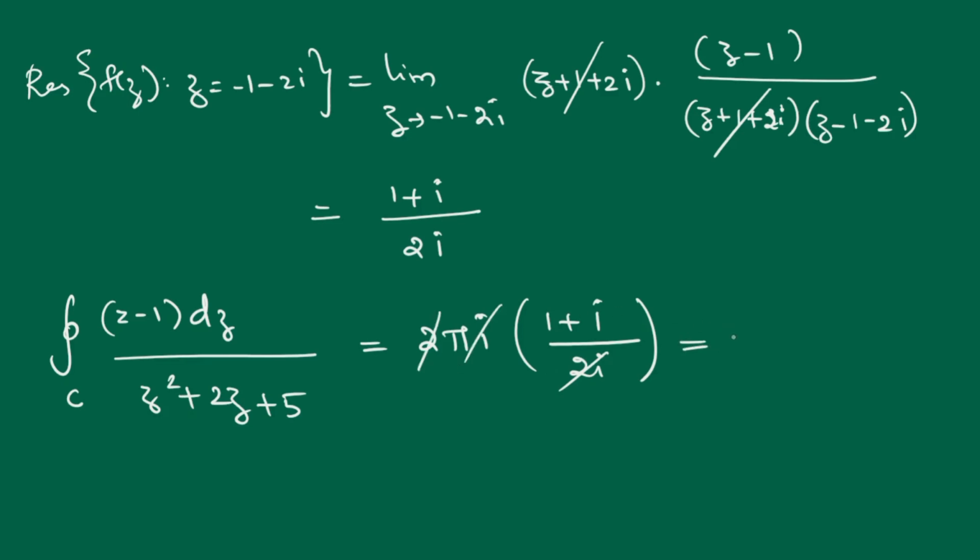So finally the answer is 1 plus i into pi. This is the value of the integration for the given simple closed curve C. Here it should be z plus 1. This is the way we have to evaluate the integral based on the poles lying inside or outside the closed curve C.